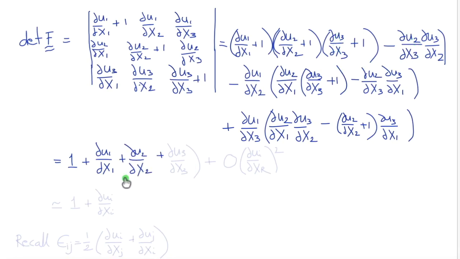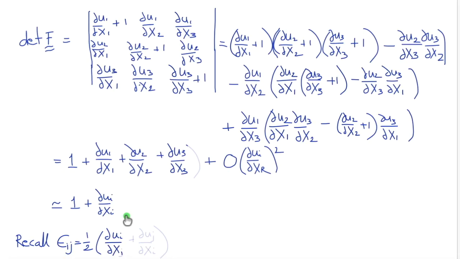So we get 1, this product there, plus del u1 del x1 plus del u2 del x2 plus del u3 del x3, plus a lot of terms that are all of order del u_i del x_R squared or smaller. So if del u_i del x_R is much less than 1, then terms of order del u_i del x_R squared and smaller are even less than 1, and so the determinant of F is approximately equal to 1 plus del u_i del x_i for small displacement gradients.